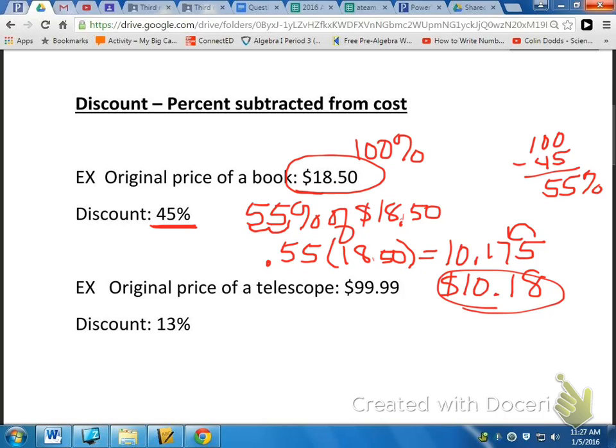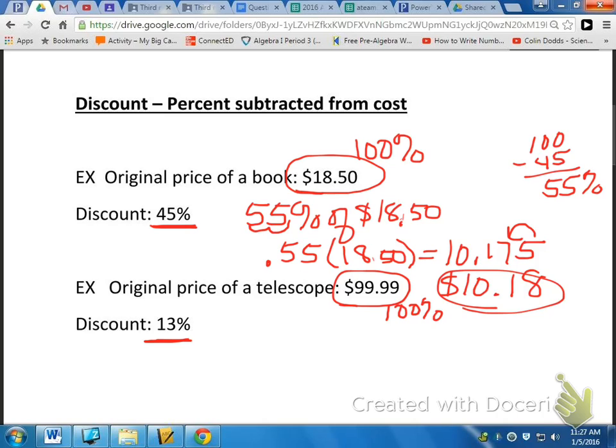Next, the original price of a telescope is $99.99. This is 100% of the cost. We are discounting 13%. That means we're taking 13% off. So what percent are we paying? 87.